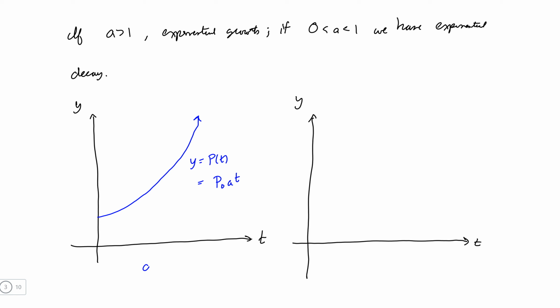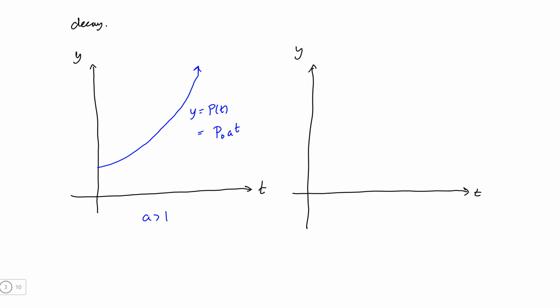So this is when a is bigger than 1, so this is exponential growth. And this value here when t is equal to 0 is at a height of p0. Now if we have exponential decay, we're going to start up here at our p0, but we're going to decrease, something like this. So this is for exponential decay. So that's what each of those functions would look like.